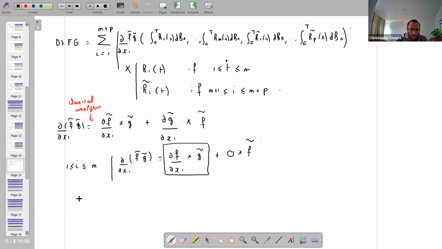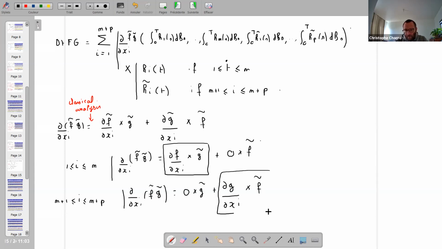And for i between n plus 1 and n plus p, the partial derivative with respect to xi of f tilde j tilde is equal to this term that is 0, because f tilde in fact doesn't depend on the last p variables, plus the derivative of j over dxi multiplied by f tilde.